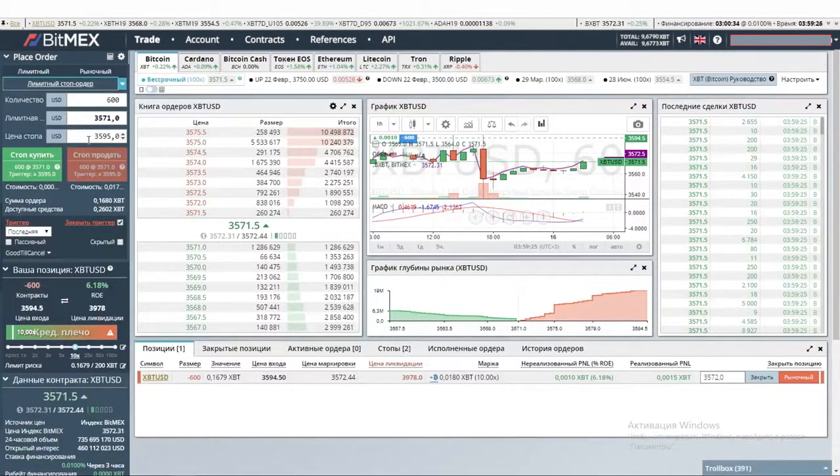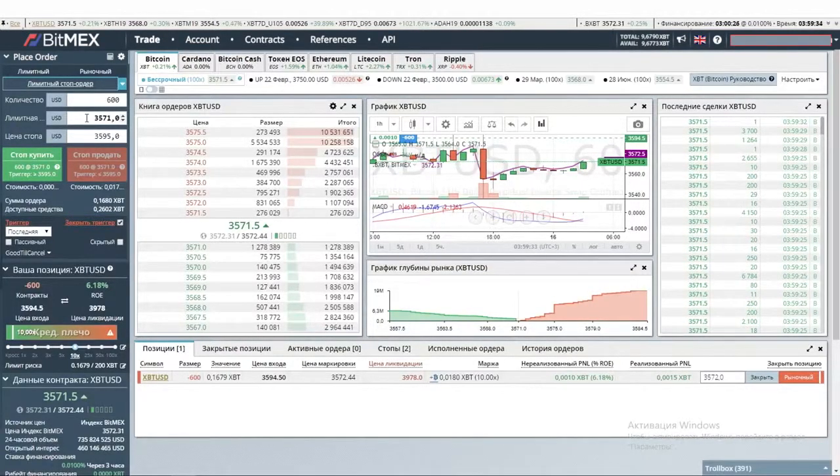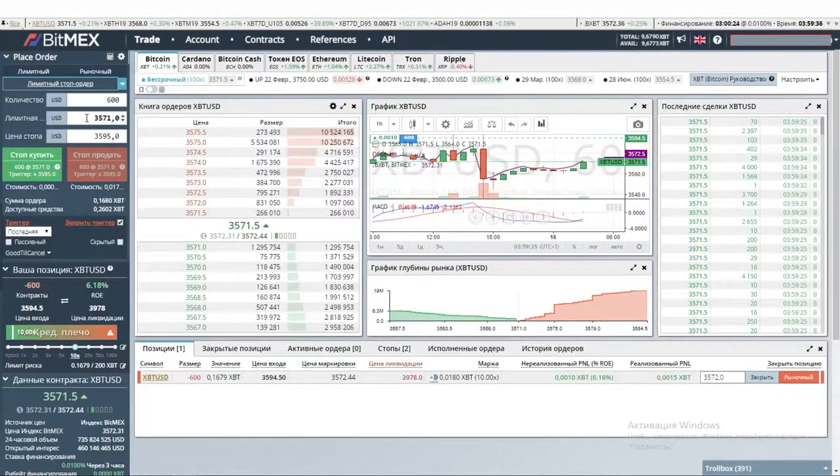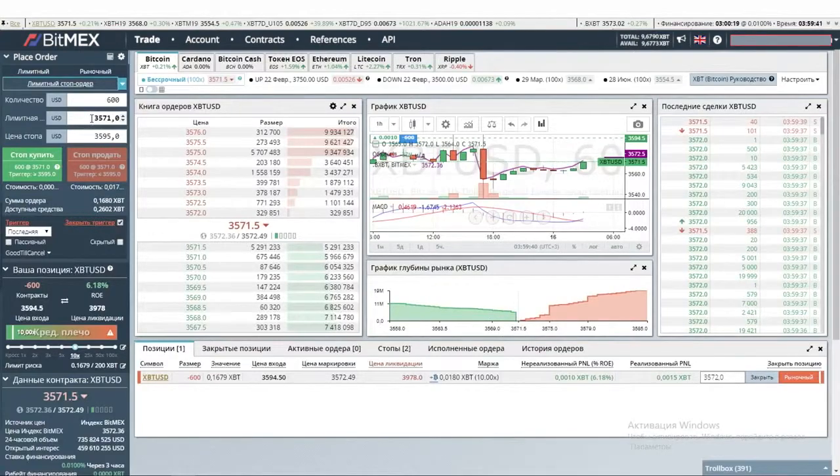Next, let's go to the limit stop order. Limit stop. This is basically the same as the market stop, only here when you reach the trigger price, you do not open a market order, but a limit order.